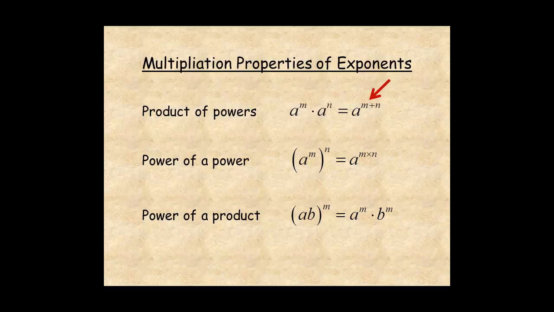For a power of a power, multiply the exponents. For a power of a product, apply the power to each factor of the product. If you learn to understand what these expressions mean, you won't have to memorize these rules because they'll just make sense.